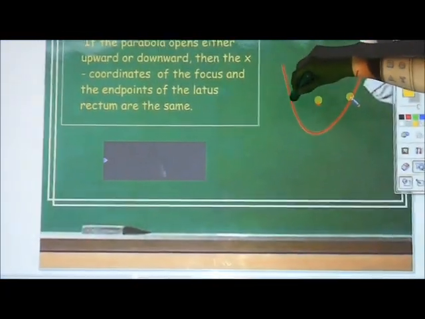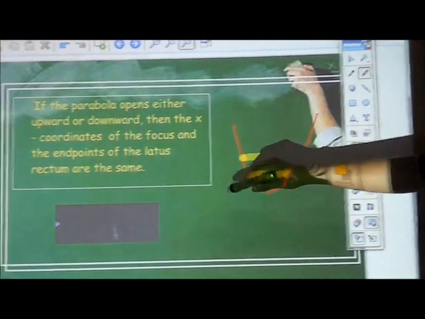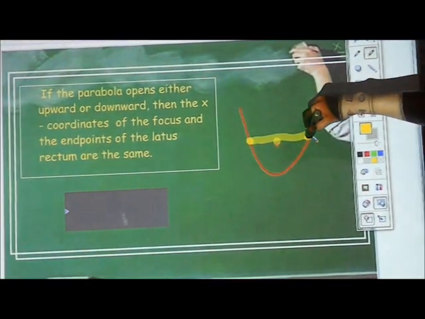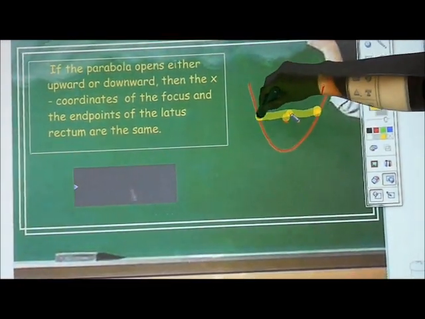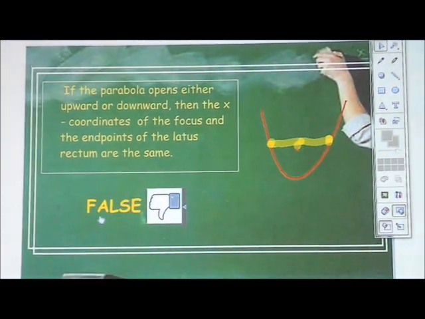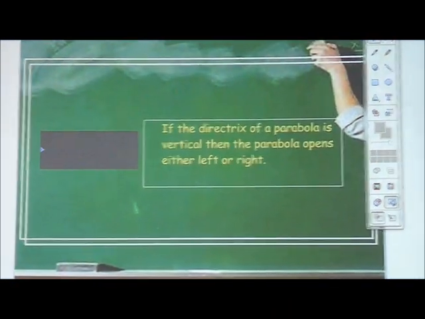It's here and in the other. Remember, the latus rectum should be parallel to the directrix. So what coordinate do they have in common? The x-coordinate. Yes, that's why this should be true. Yes, Aguirre.